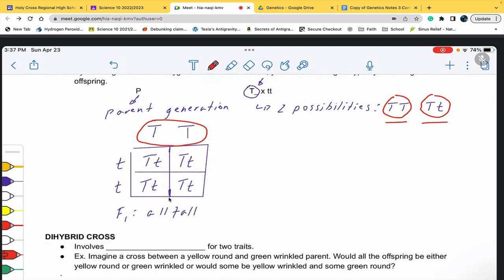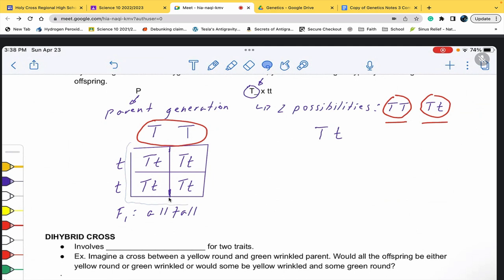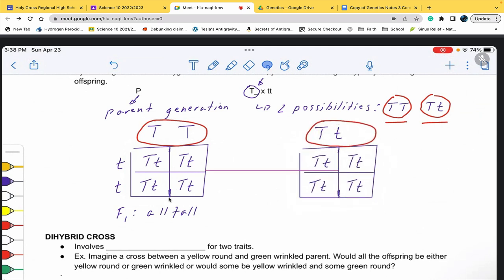Okay, let's now see what would happen if we crossed a parent with big T, little t. I'm going to use this Punnett square, copy it, and then erase everything in here.